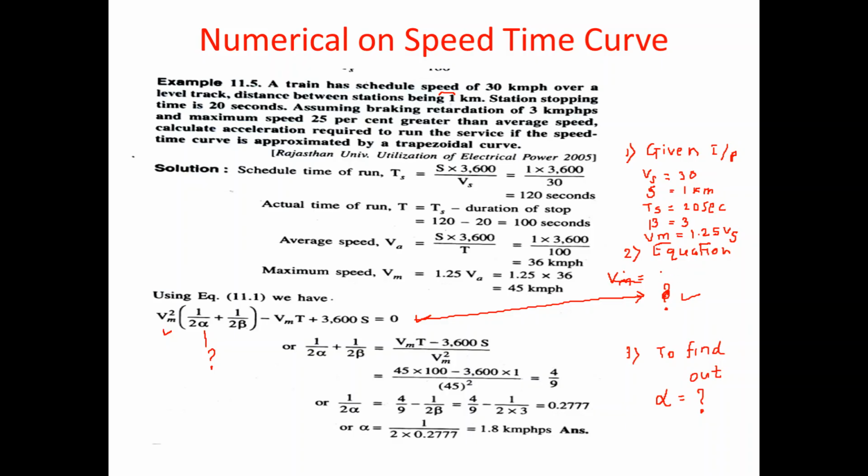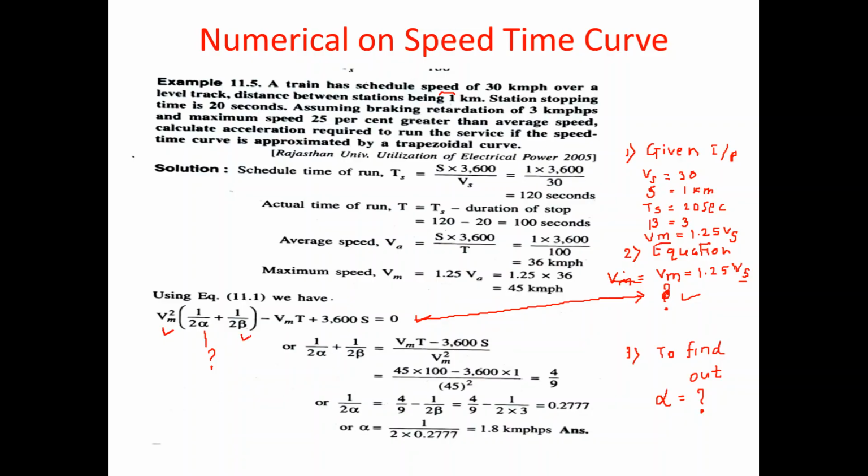So first we find out Vm: Vm equal to 1.25 Vs, which is 25% more than the average speed. So we get this value, Vm.